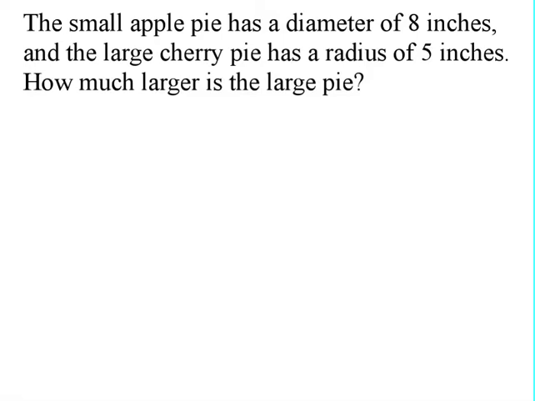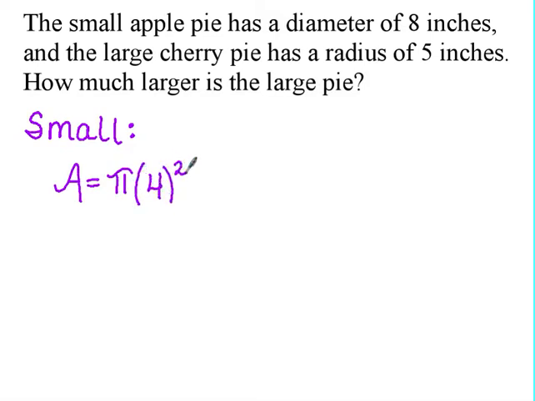Real quick, this looks kind of deceiving. How does it look deceiving? The first one is diameter, the second one is radius. Let's deal with the small pie, because I'm sure some of you are saying small is 8, large is 5. So the small pie's area will be pi times what squared? 4, because that's the radius.